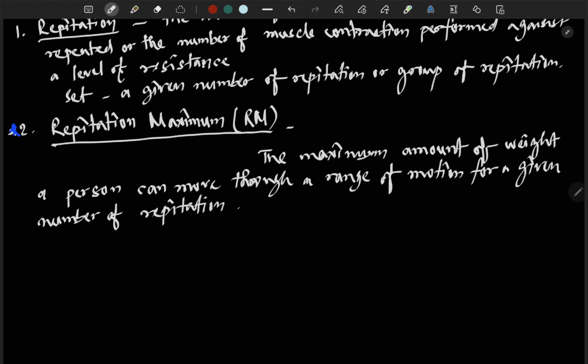Okay, the maximum amount of weight a person can move through a range of motion for a given number of repetition, that is known as the RM or repetition maximum.